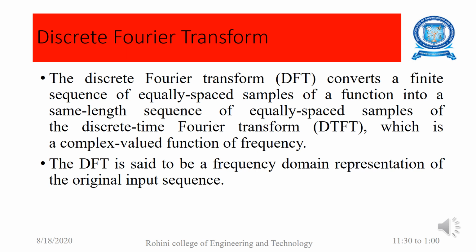I already told that DFT works on a finite sample sequence. So DFT is used to convert signals from the time domain to the frequency domain, only for a finite length sequence. DFT is said to be the frequency domain representation of the original input sequence. The input sequence is in the time domain, and it will be converted into the frequency domain by using these DFT formulas.